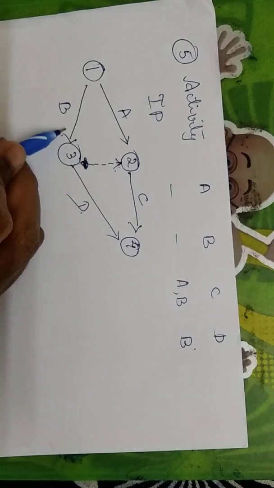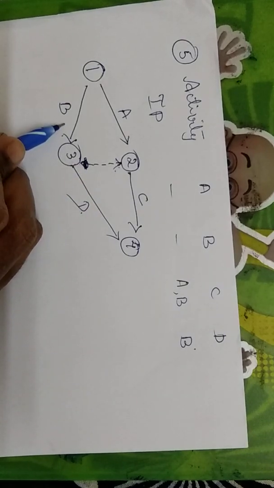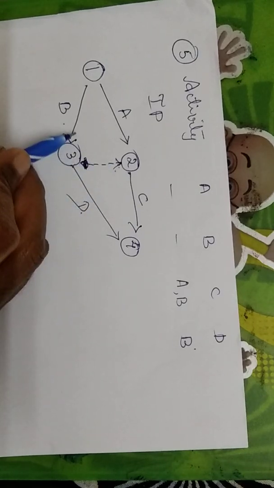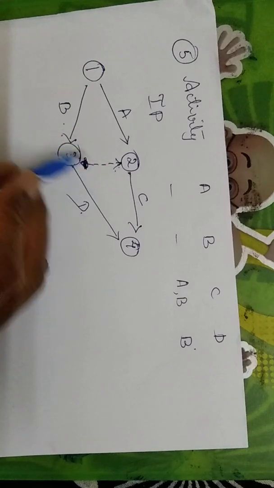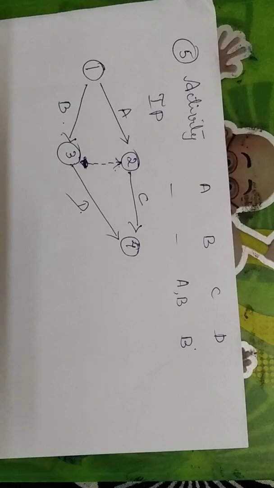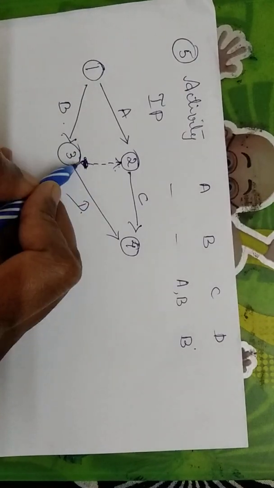So for D, B only will be the predecessor. Now if I draw a line from 2 to 3, it would include A and B as the predecessors. So this is how I have to draw the dummy line from 3 to 2.